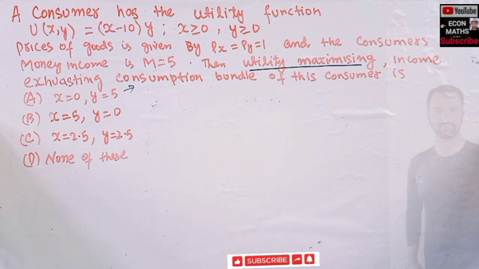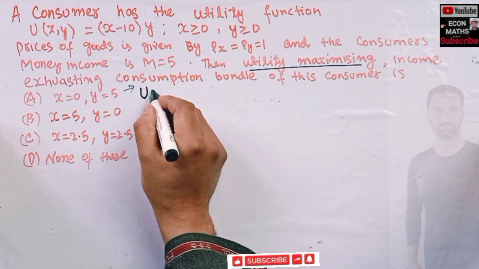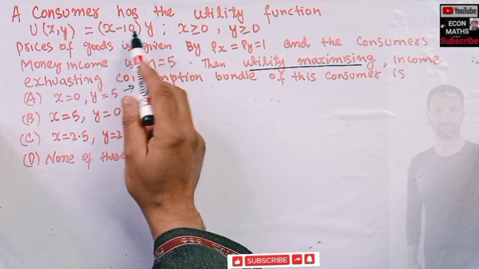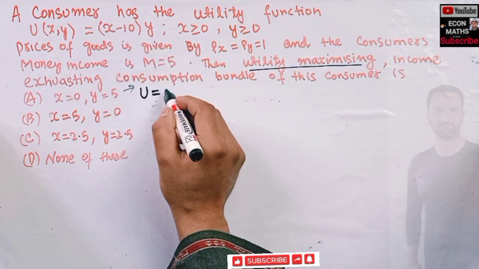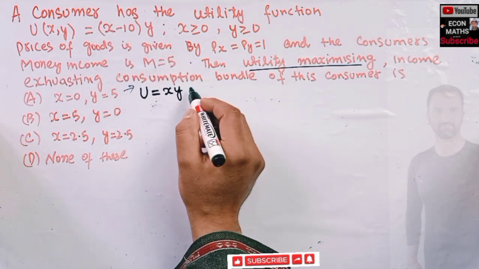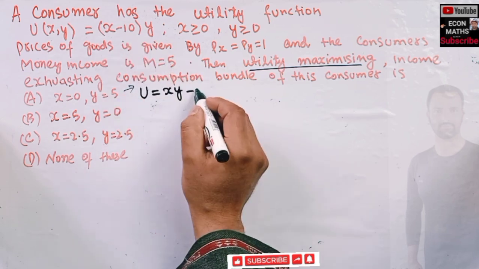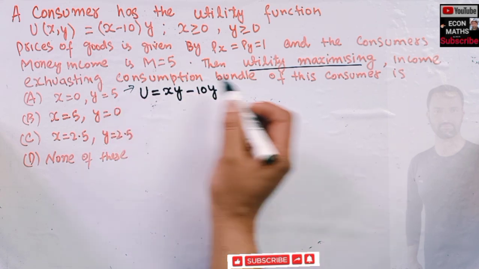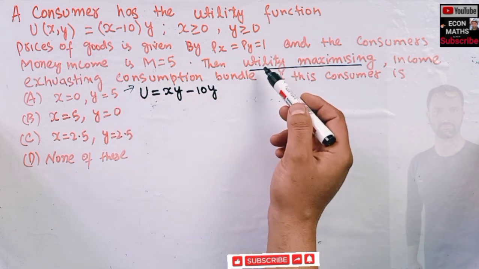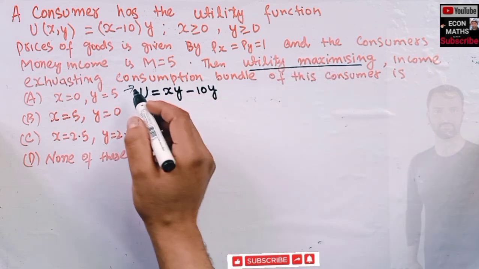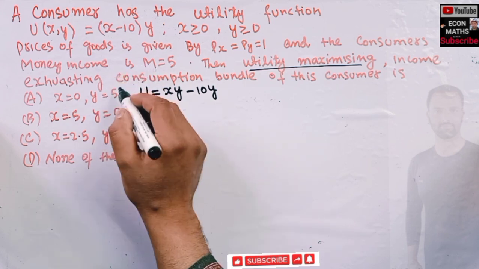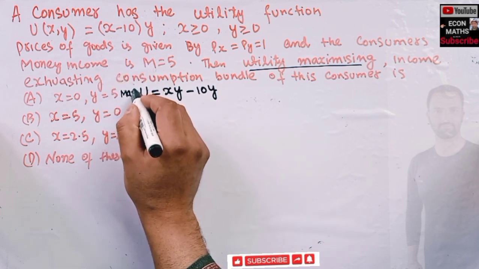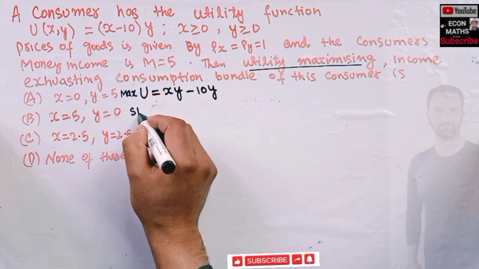Okay, so we are being given the utility function U is equal to, now if we solve it here, this becomes x into y is xy, xy minus 10y. Okay, so this is our utility function. We want to maximize this because we are being told to maximize utility here. Okay, so we want to maximize this utility subject to the budget constraint.